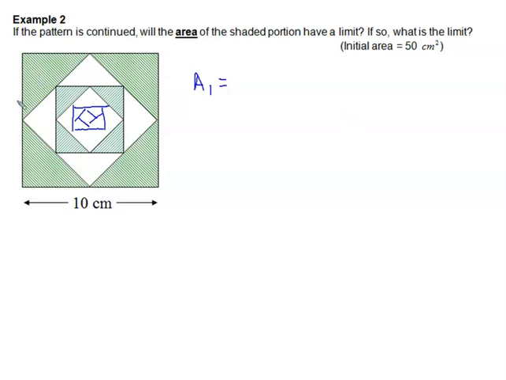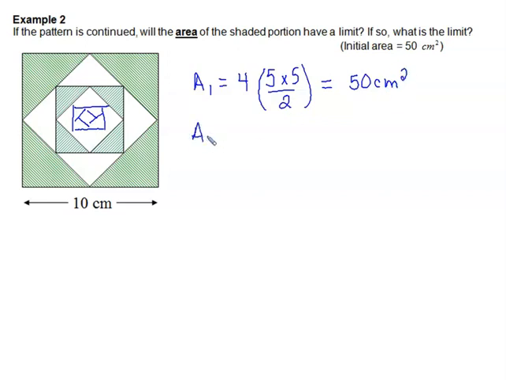I know that if I take these 4 triangles that are shaded in, and I'm going to do area of base times height divided by 2, so that would be 5 times 5 divided by 2, that would give me that area of 50 centimeters squared.